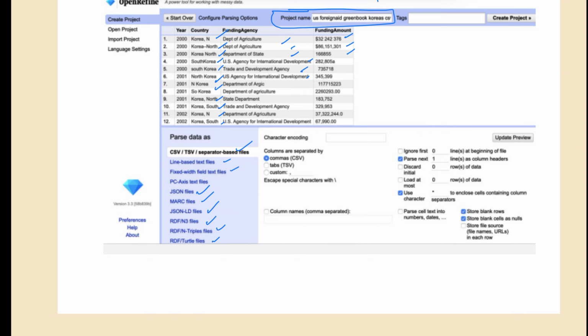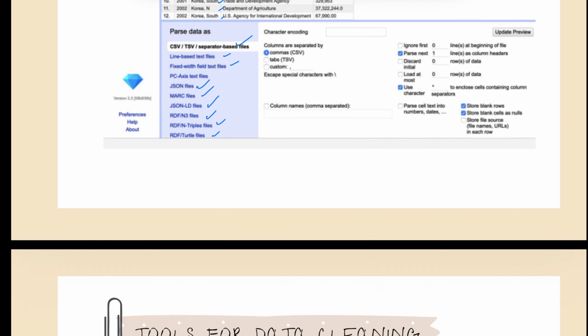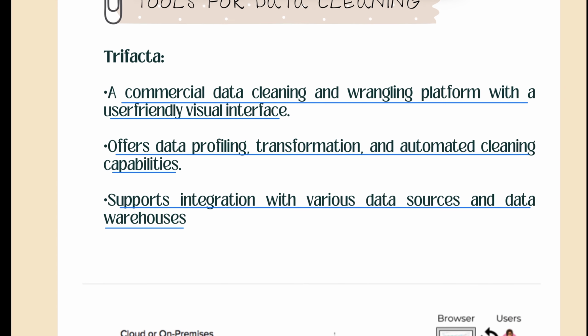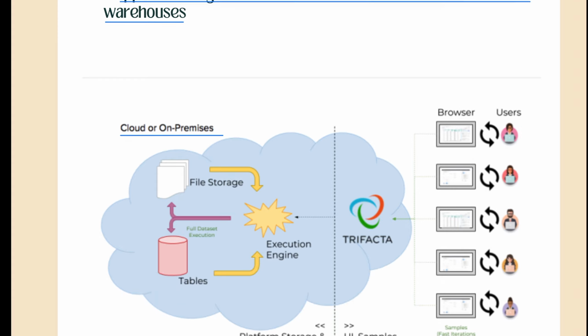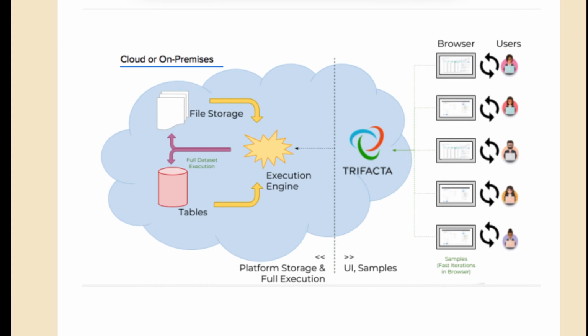header lines. Trifecta is nothing but a commercial platform focused on data wrangling and cleaning with a visual interface and automated cleaning capabilities. A diagram here illustrates moving from the file storage through the Trifecta engine.